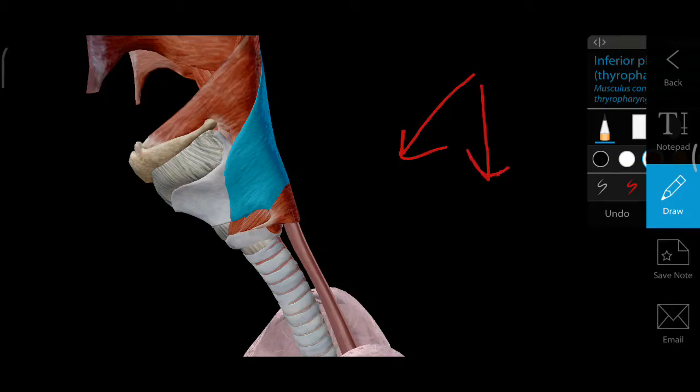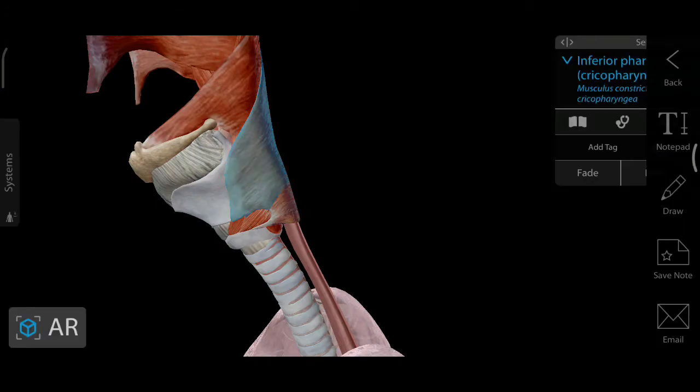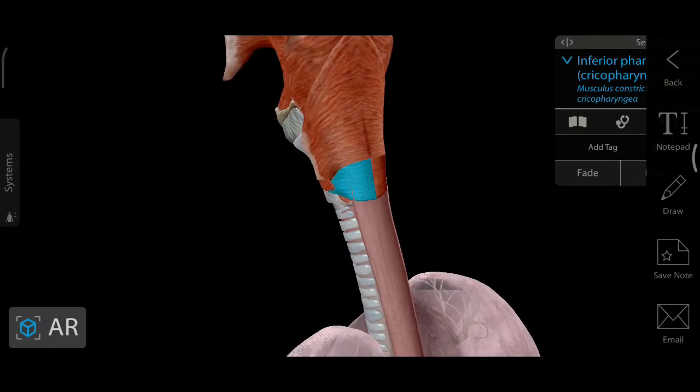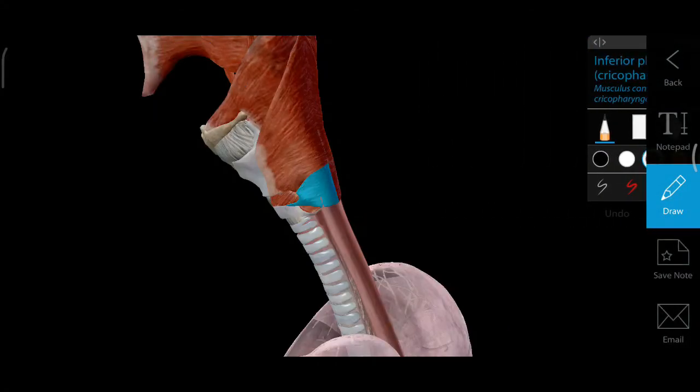So all these constrictors help in deglutition, but we have an exception: the cricopharyngeal part of the inferior constrictor is a transverse muscle. When a transverse muscle contracts, it gets shortened, and it will close the oesophagus.